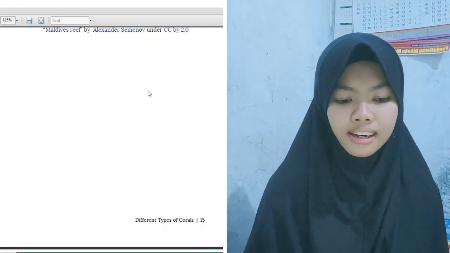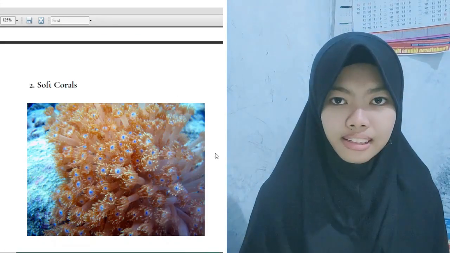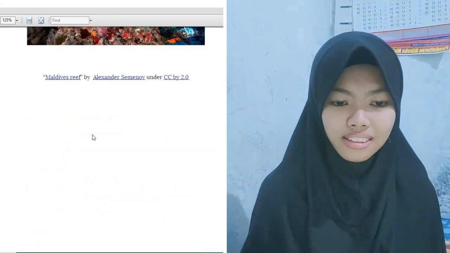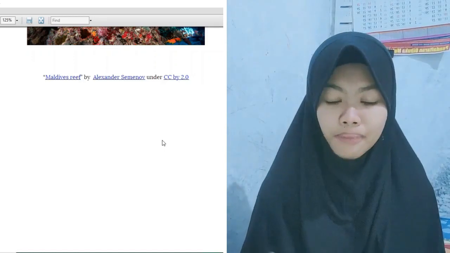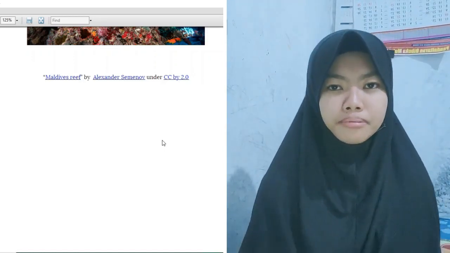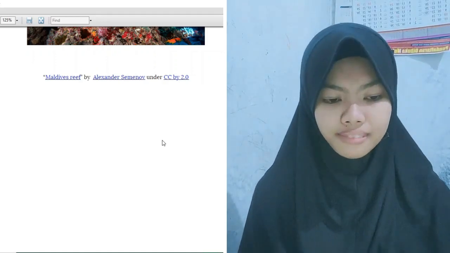I think it will be better if this part is just moved here, because there are still lots of spaces here. Well, it's not a big problem, so I don't really feel disappointed about it.